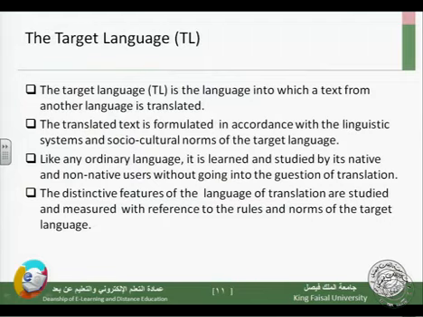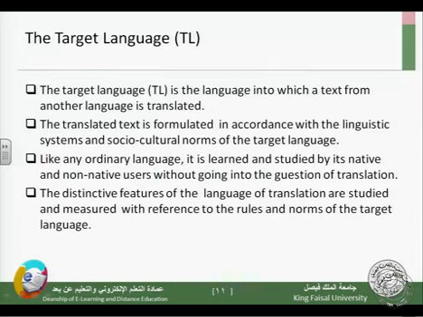Now, the target language, this is element number 6. The target language is the language into which a text from another language is translated.